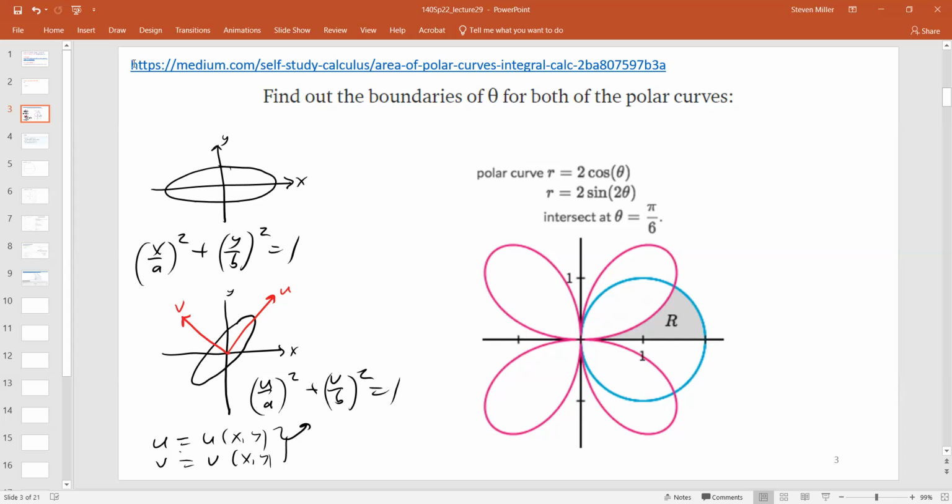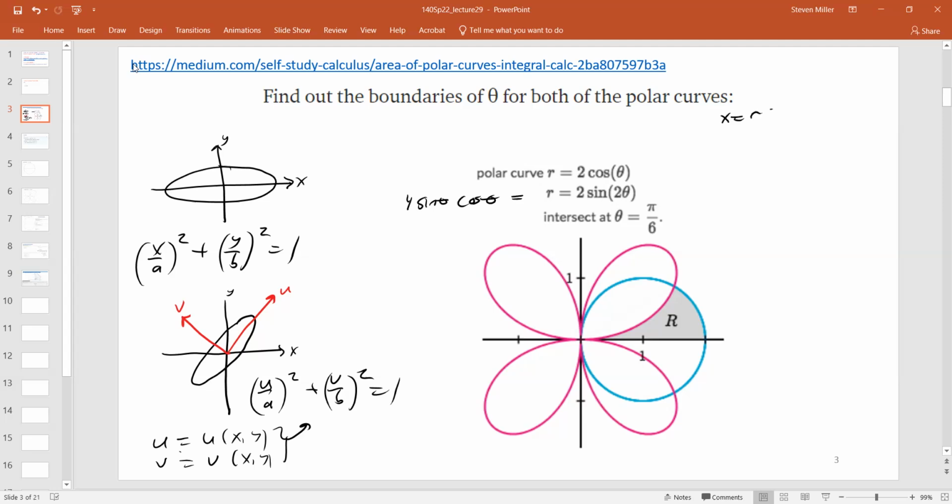So does anybody remember what sine of 2 theta is? What's the trig identity for sine of 2 theta? No. So sine of 2 theta is 2 sine theta cosine theta. We have to remember the angle addition formulas. So this is the same as 4 sine theta cosine theta.